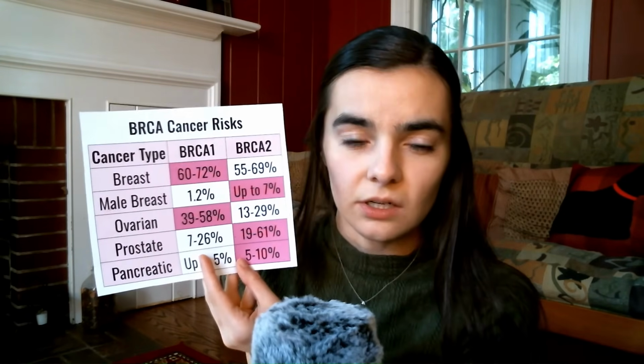It's pretty common that I'll see a woman coming in with BRCA1 and it's clear that it came from her father. It's very, very common for men with BRCA1 to never get cancer, because we're looking at a 1.2% risk up to 5% risk.